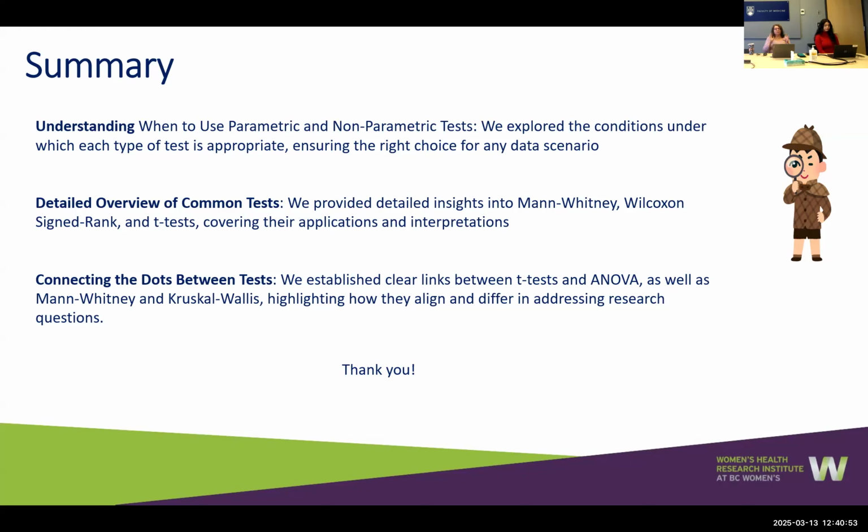It's very important to understand this intuitively because it will help you to understand the results of running the specific test. And also I gave you a short example of how t-test can be transformed to ANOVA for more than two groups, and same for the non-parametric test.